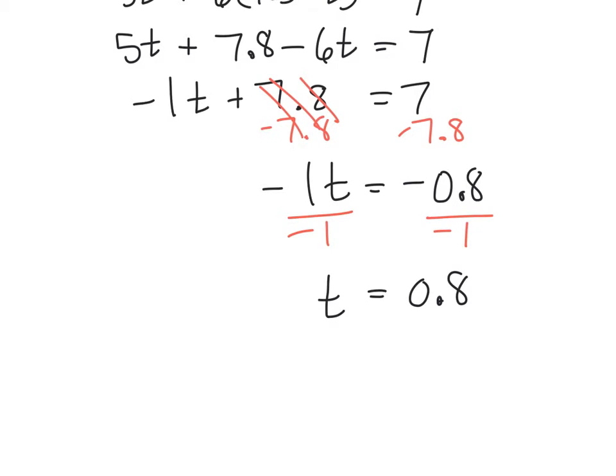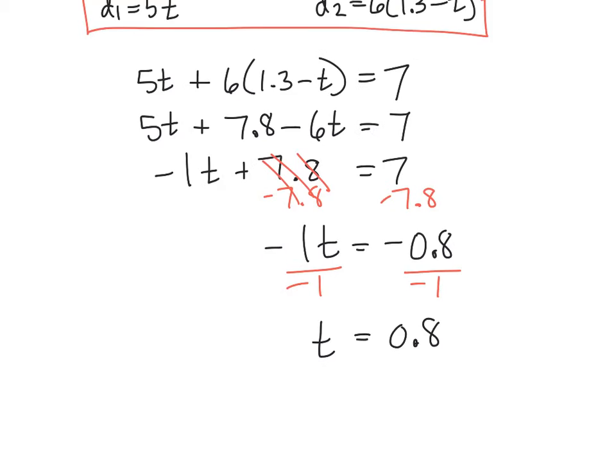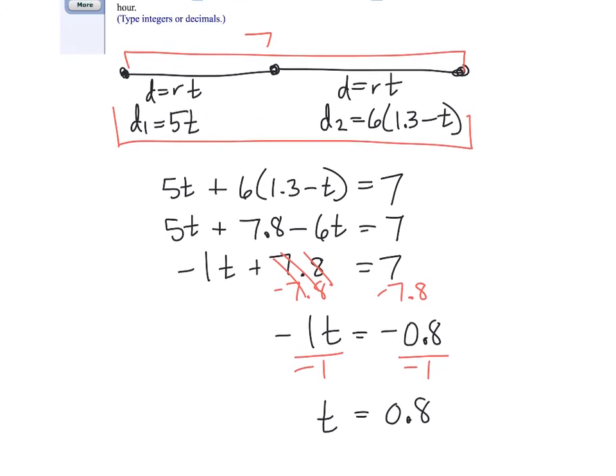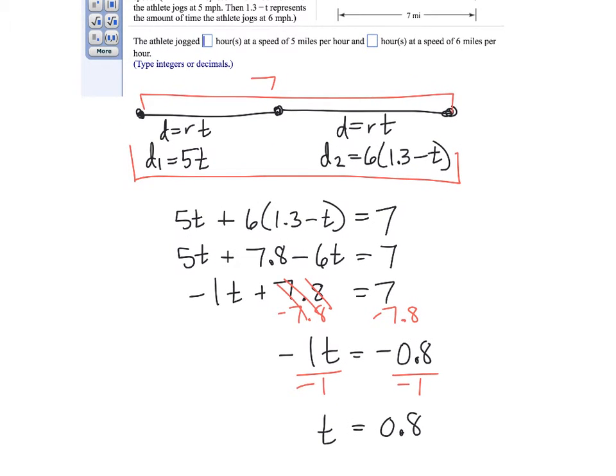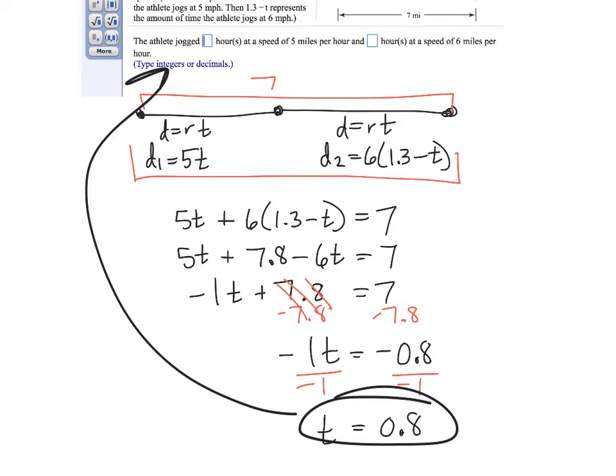All right, so now what did t stand for? t stood for the amount of time that he jogged at 5 miles an hour. So this 0.8 is the amount of time that he jogged at 5 miles an hour. Now, how long did he jog at 6 miles an hour?